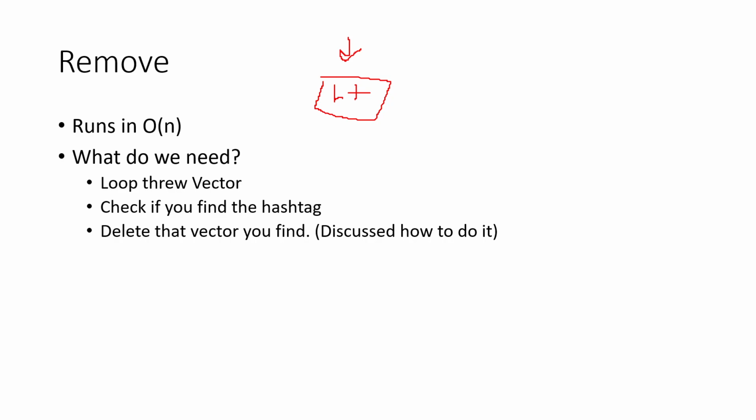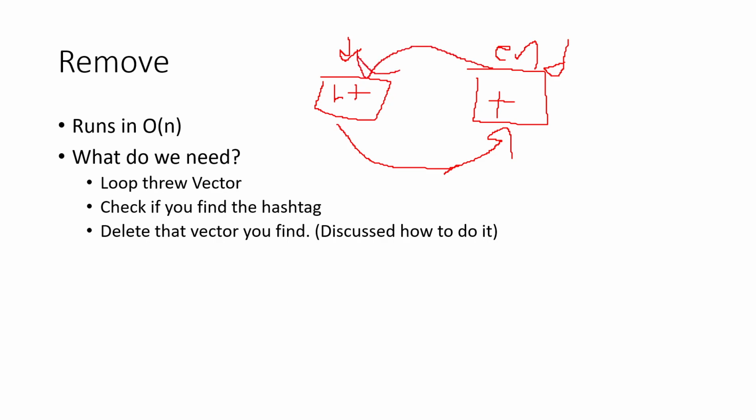Well, I want to remove it, so let's say this is just T, which is the end. I would swap with the last element, which in some cases is e.size minus 1. They swap places, so this is now T, this is now HT, and you just pop it.